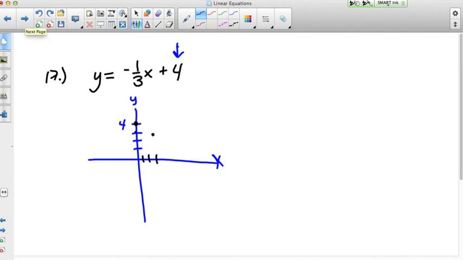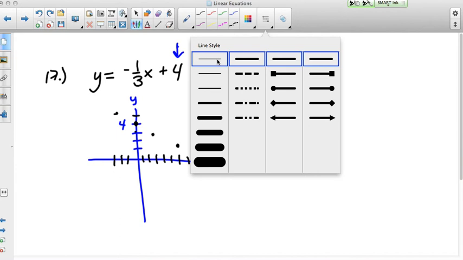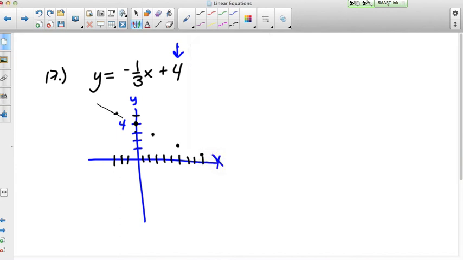Down 1 again and over 1, 2, 3. I keep this pattern going. And if I wanted to continue the line in the opposite direction, I would go up 1 and over 1, 2, 3. Then I connect my points with a straight line.